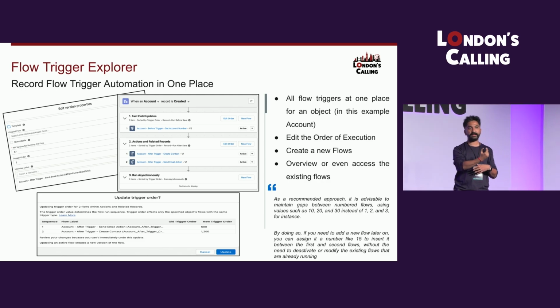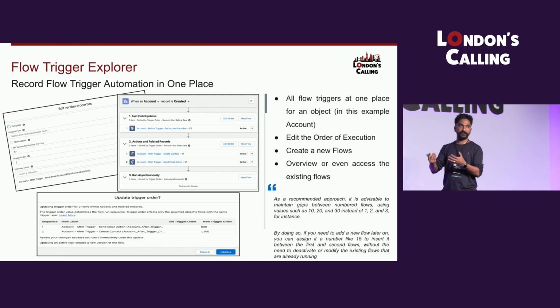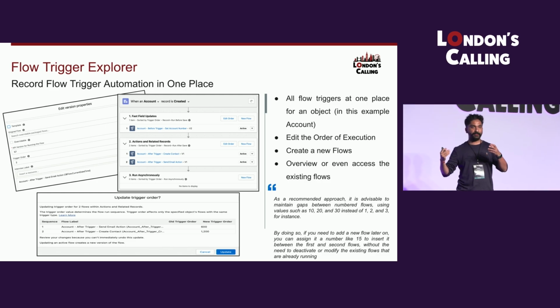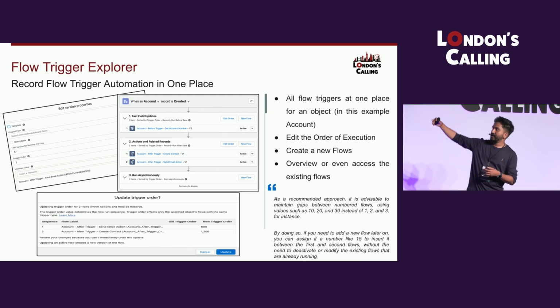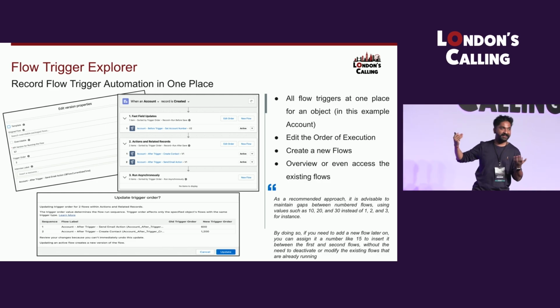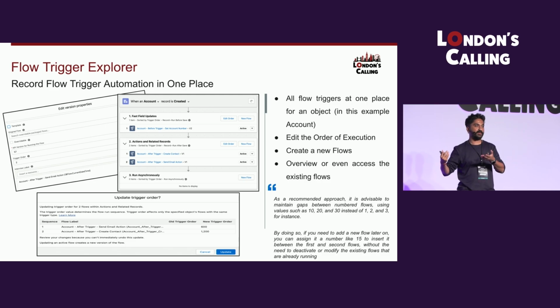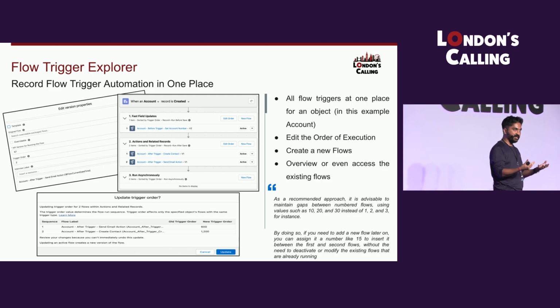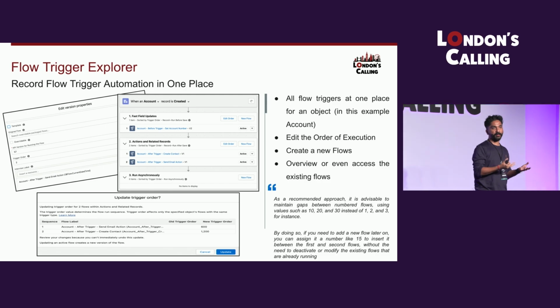If you're going to create a new flow trigger in the future and you want to get it between the 1 and 2 which I have, then my 1 and 2 are already taken. So you have to deactivate the flow, and if you're going to move it to production again, you have to deactivate the flow and reorder everything.